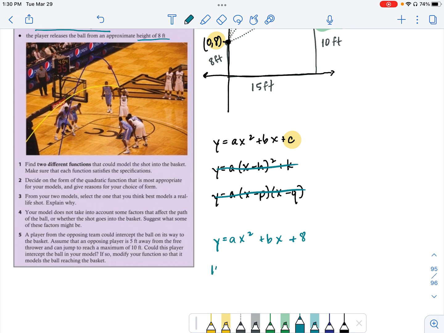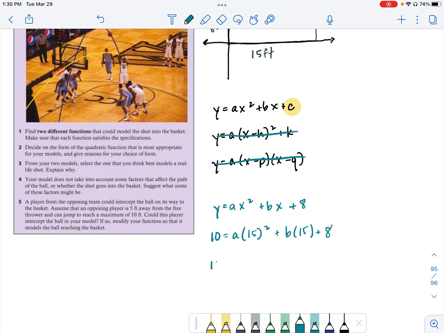So 10 equals a times 15 squared plus b times 15 plus 8. Simplifying, we get 10 equals 225a plus 15b plus 8.